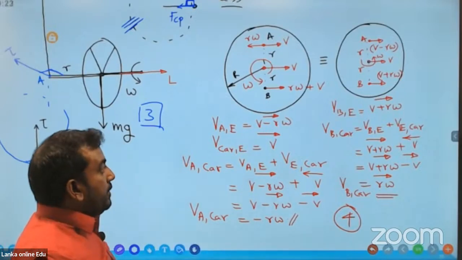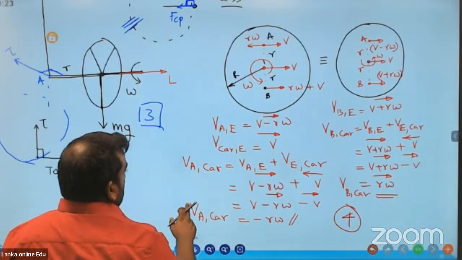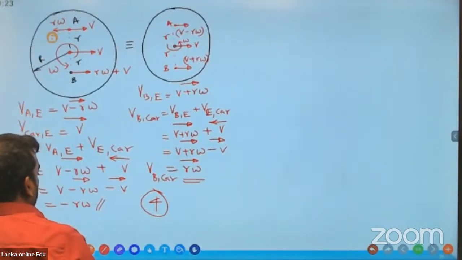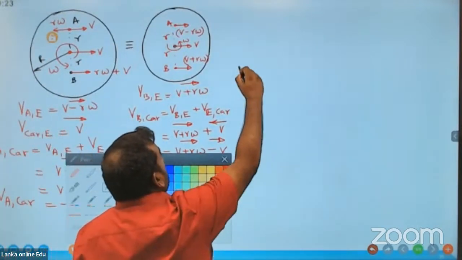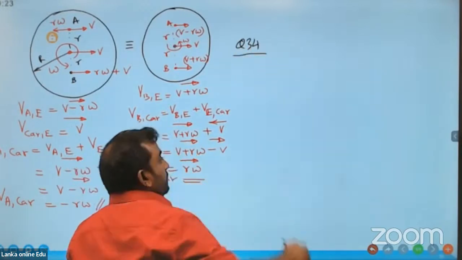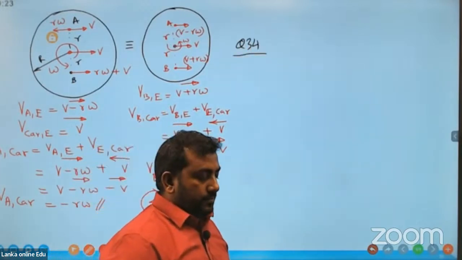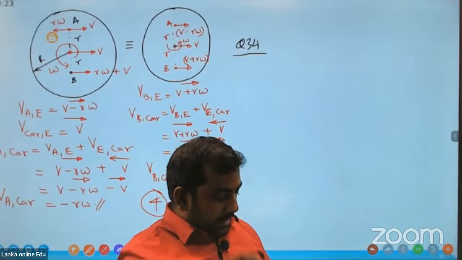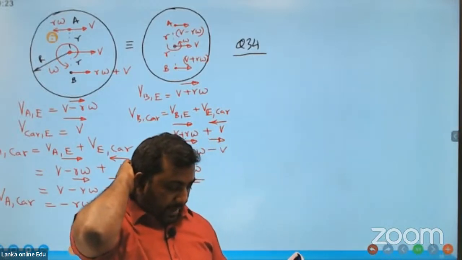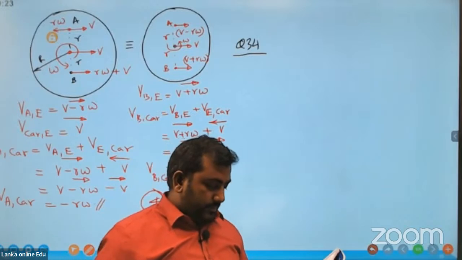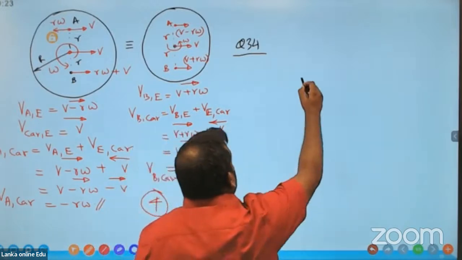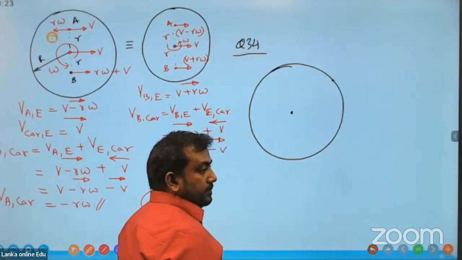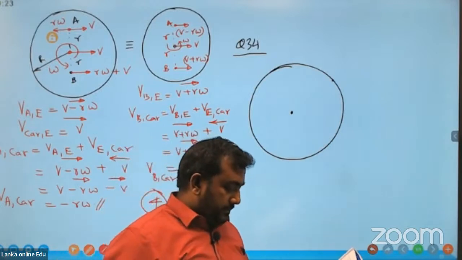Question number 34. Consider the point P on the circumference of a plate with center O. So there's a plate here, somewhere there.